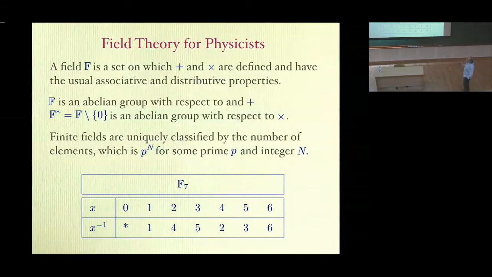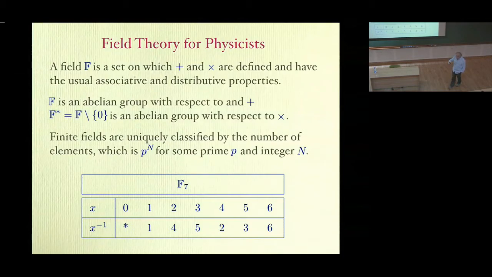So, a finite field is a set on which you can define addition and multiplication, and they have the usual associative and distributive properties. So you can talk about adding and multiplying. So F is an abelian group with respect to plus, which means that minus is defined.